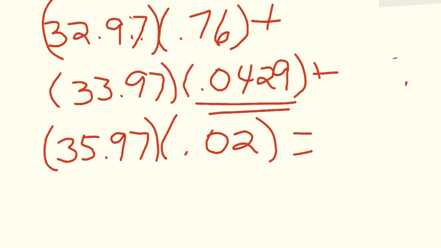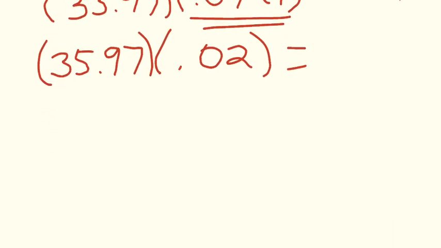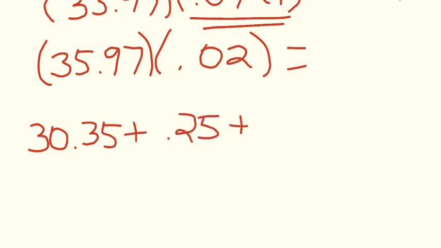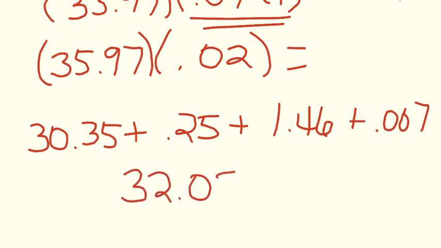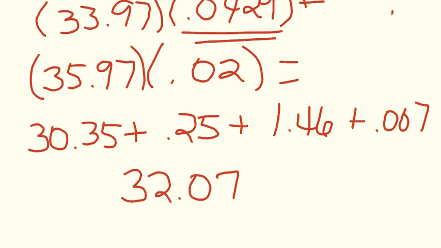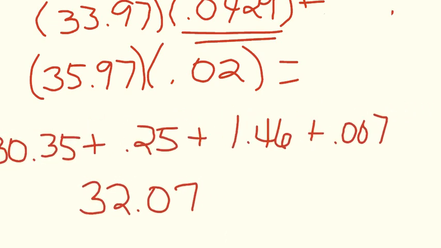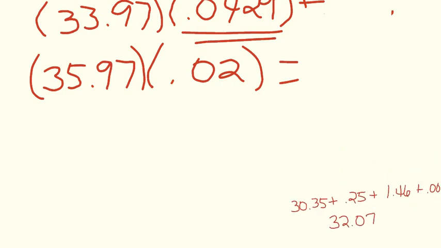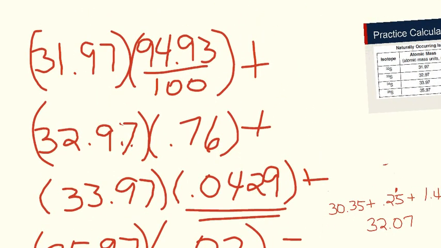All right. When everything is said and done, all those different products, what I had was 30.35 was the first product, 0.25, 1.46, and 0.007. And if you add together all 4 pieces, the average is 32.07, which should make sense because the most abundant isotope was this one right here, the 32.